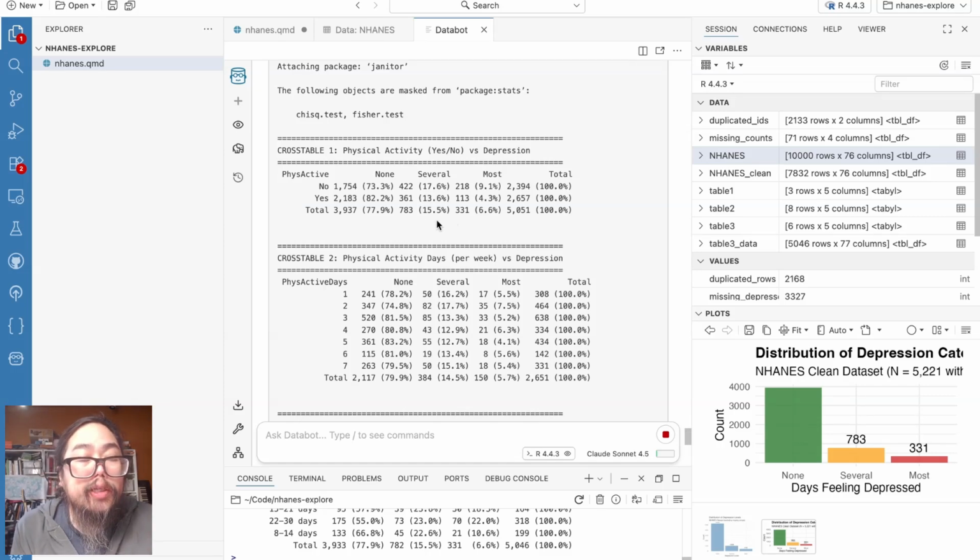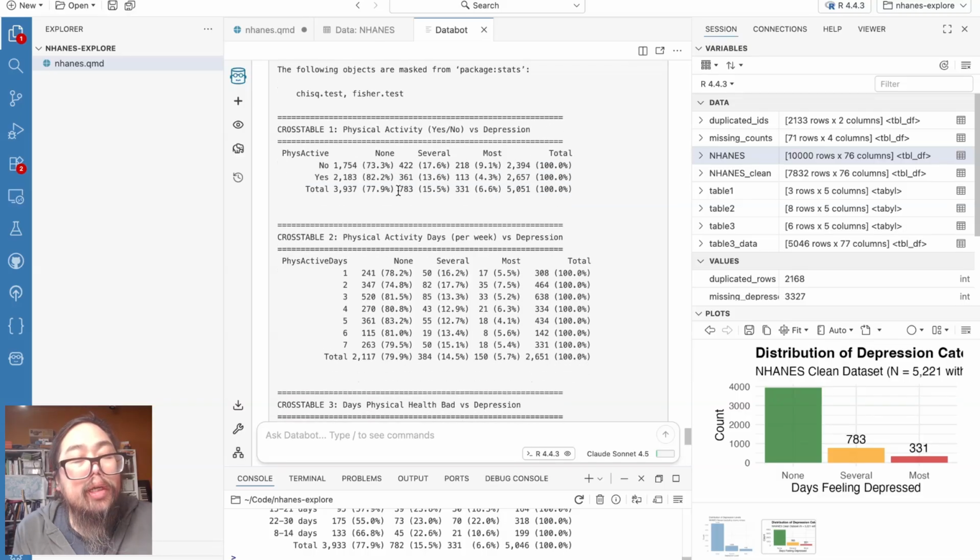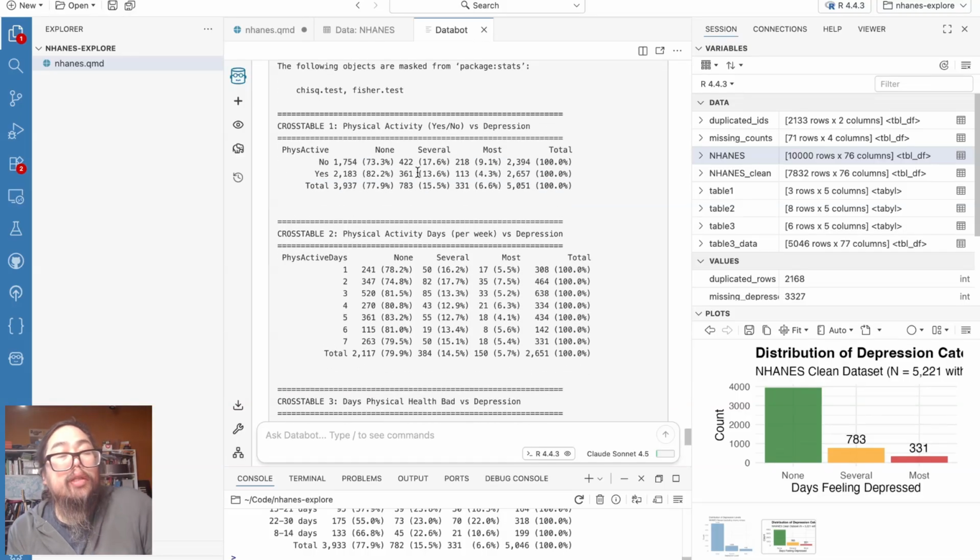If we are going to be using this physically active variable in a model, we want to understand the association of it. So we've got physically active, no and yes, and we want to look at percentages within the row.